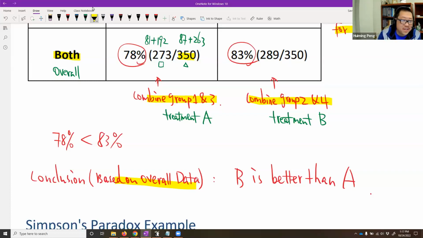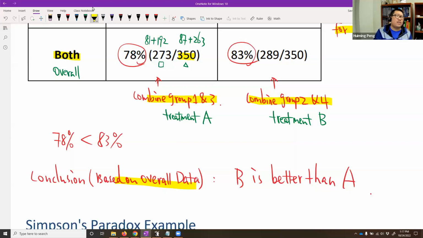If someone publishes the individual data, then you believe the individual. If someone publishes the overall, then you believe the overall. But if you see both of the conclusions, how do you tell? Any thoughts now? I think this we call the paradox.